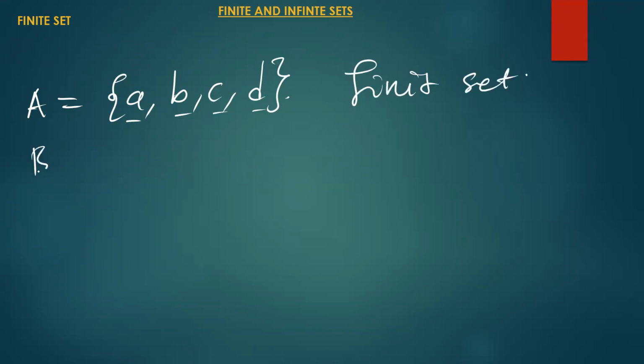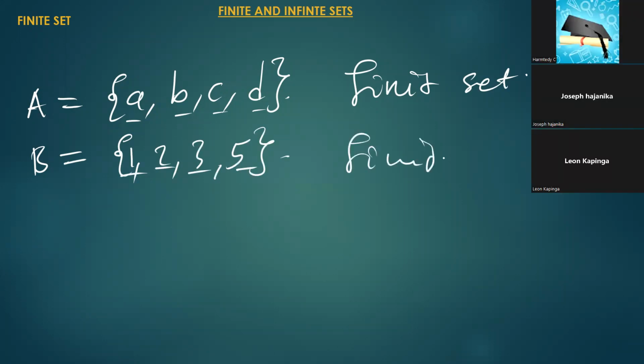And if you have set B, which consists of 1, 2, 3, 5, as long as you are able to count the elements in the set, this set is known as a finite set.